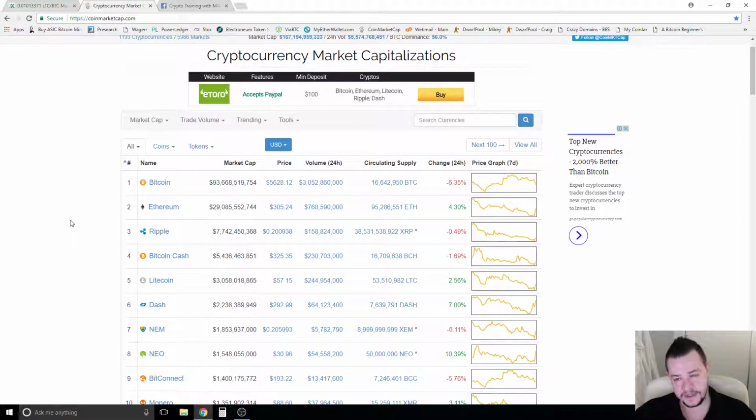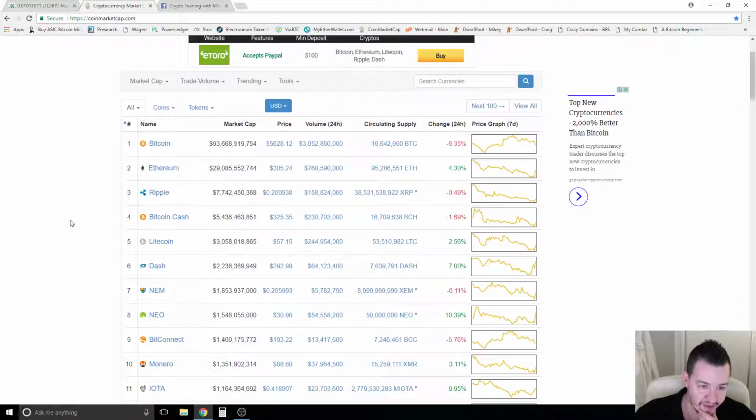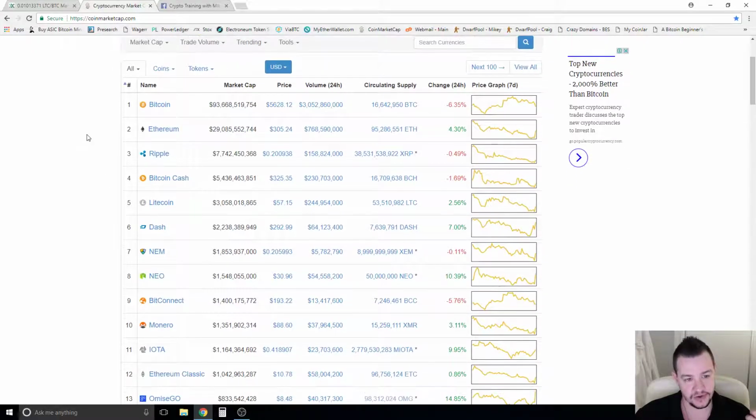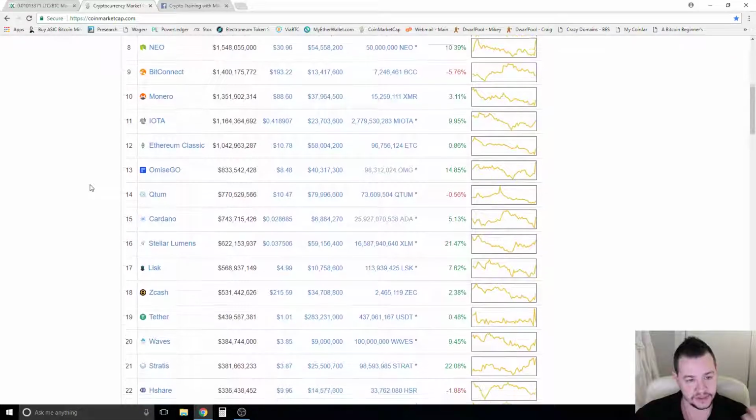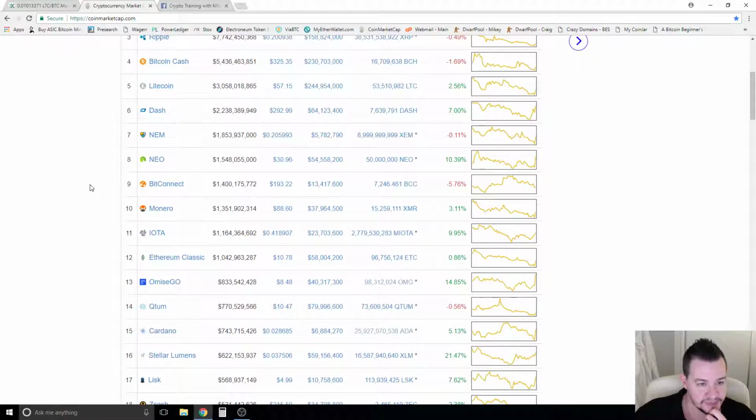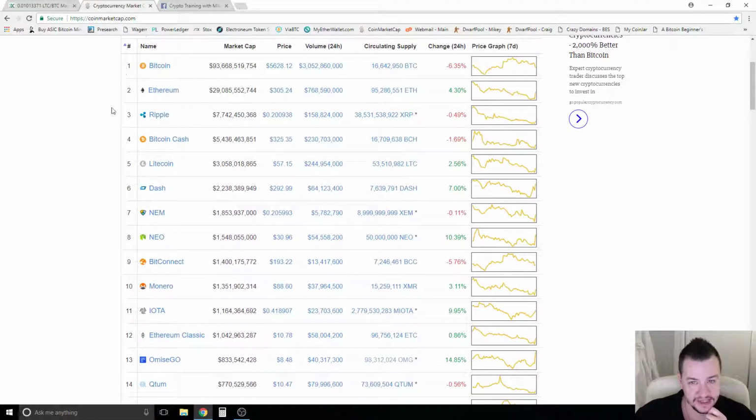Now, generally, as I've said previously, you want to put the majority of your capital into, say, the top 10 to 20 by market cap. At any time, on your CoinMarketCap website, you can see the top 10 to 20 coins. The top 10 or so coins have been fairly stable for probably the last 4 to 6 months.